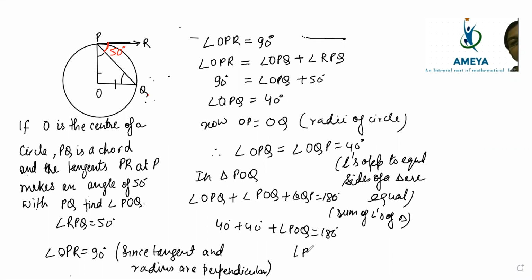So angle POQ is equal to 180 degree minus 80 degree. So it is coming 100 degree. Understood everyone? Fine. So let's go for next question.